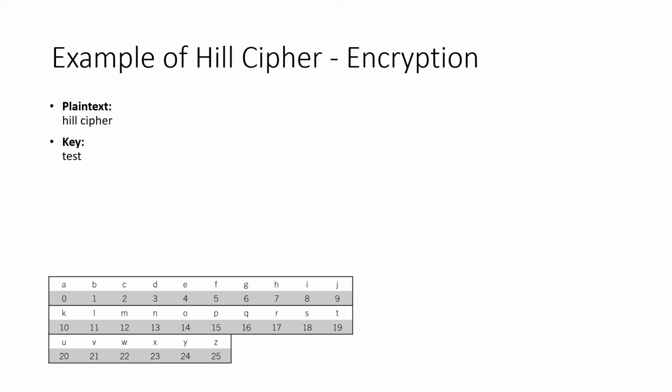Now that we saw these important implications, we can get started with our example. For the example that we're going to see today, I have chosen the plaintext Hill Cipher and the key test. We're going to see how we can encrypt our plaintext using this key, and before doing that, we need to ensure that the key that we have chosen, which is the word test, is a permissible key in Hill Cipher.